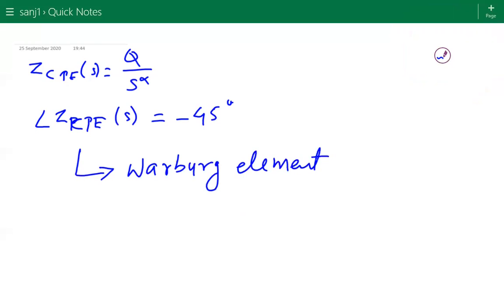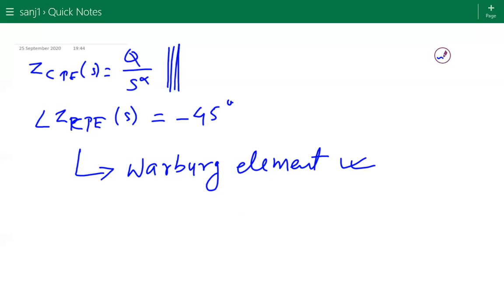However, in actual cases, this Warburg element is represented in a very different manner, but mathematically you will see that it is a special case of the constant phase element where the phase angle is exactly 45 degree. What will be the value of alpha?